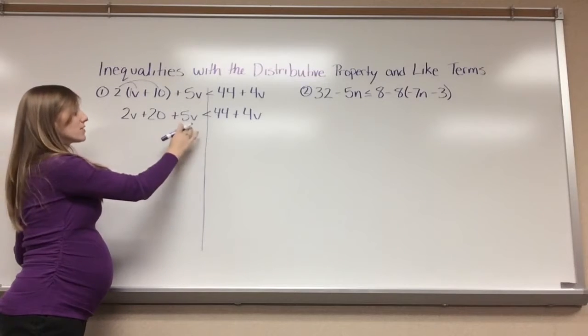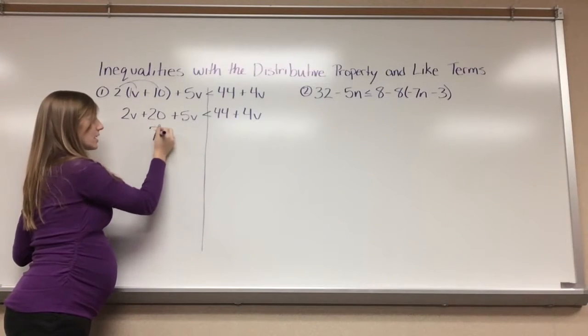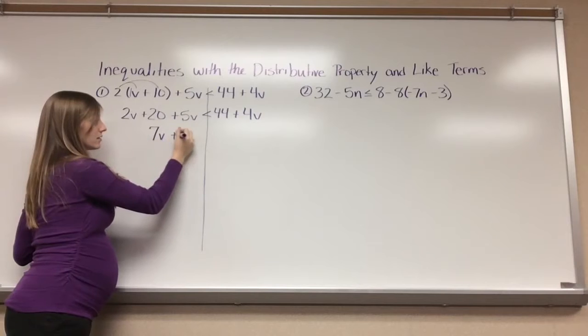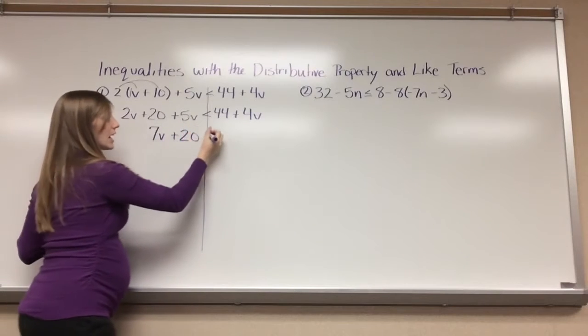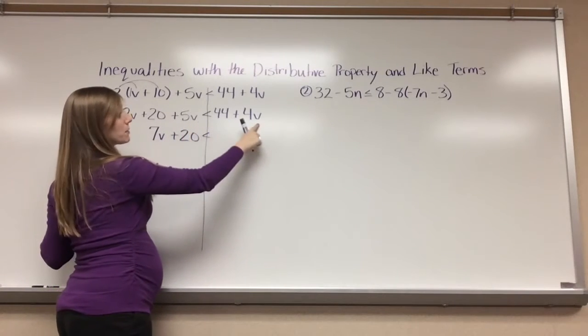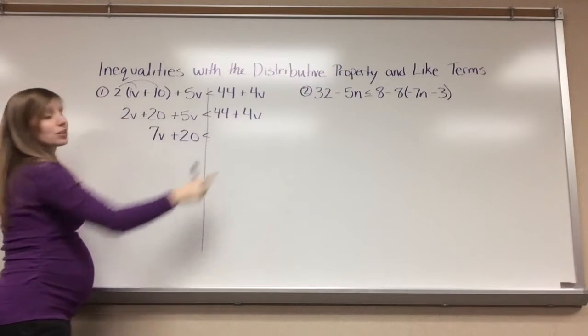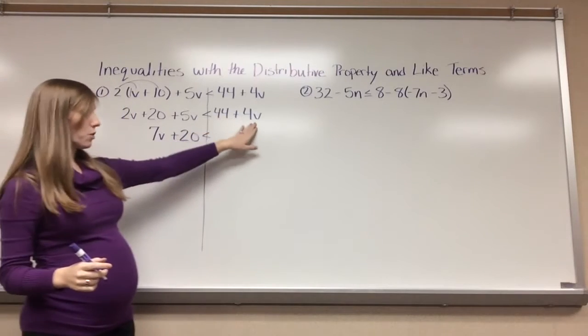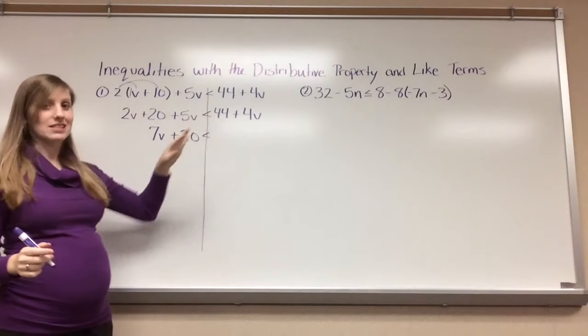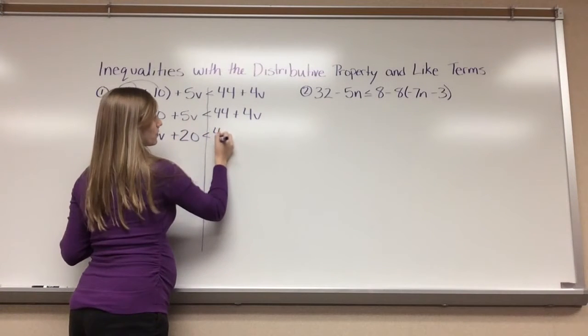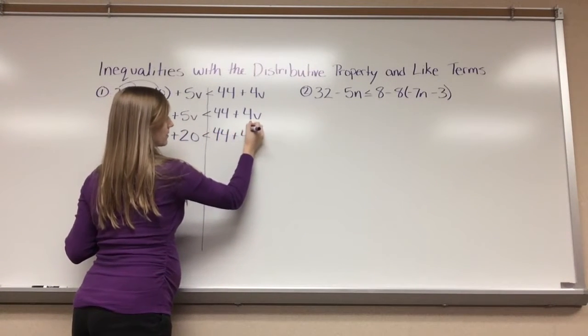So 2b plus 5b is 7b. And then my plus 20 stays the same. Is less than 44 plus 4b. These are not like terms, okay? 4b has the variable, 44 does not. So we'll just keep it the same, 44 plus 4b.